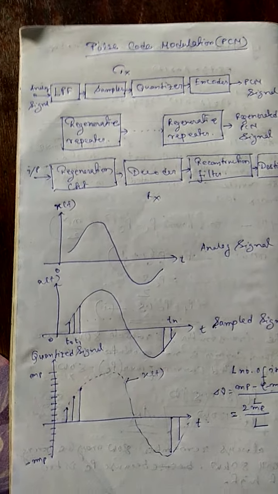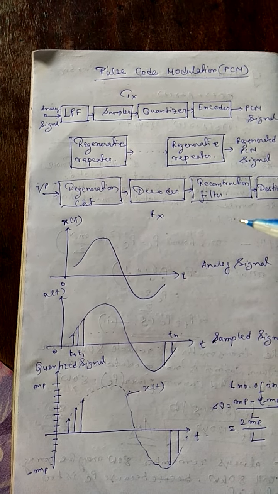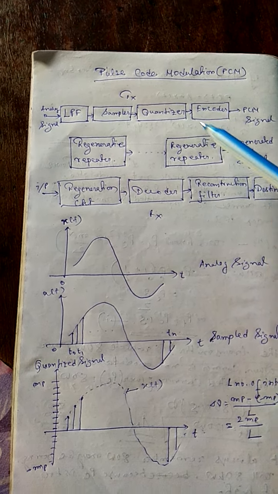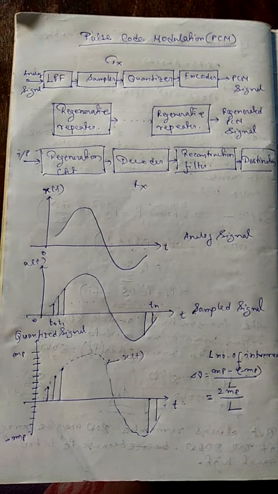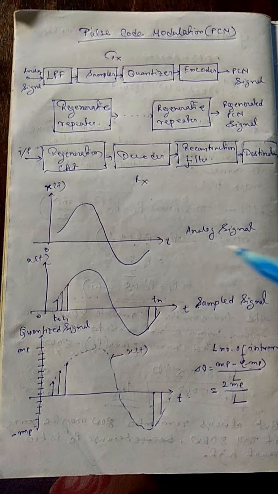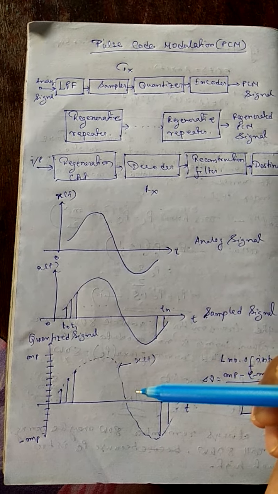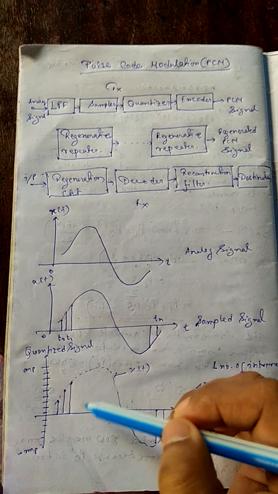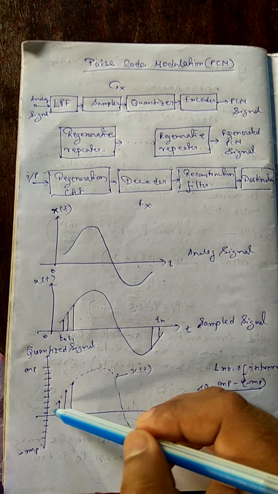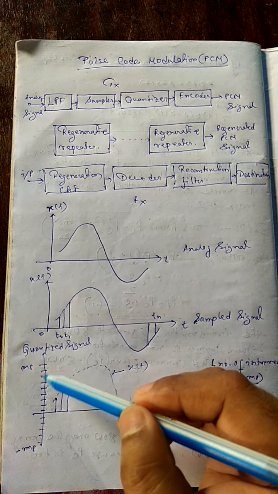After the sampling process we go to the quantization process, which is very important. What do we mean by quantization? Always remember, quantization means rounding off. This is my sampled signal, and this is my y-axis, or amplitude axis.